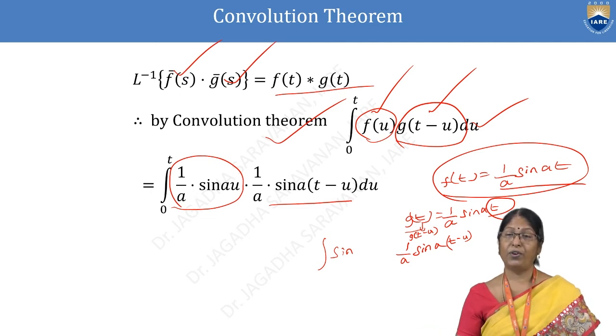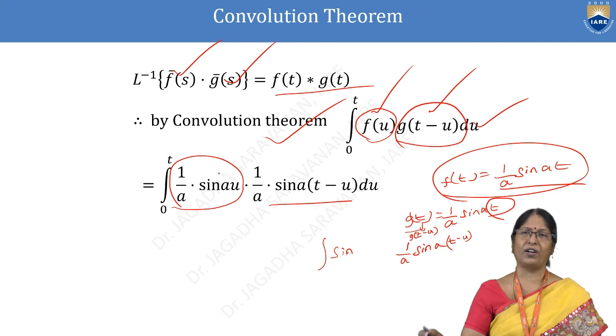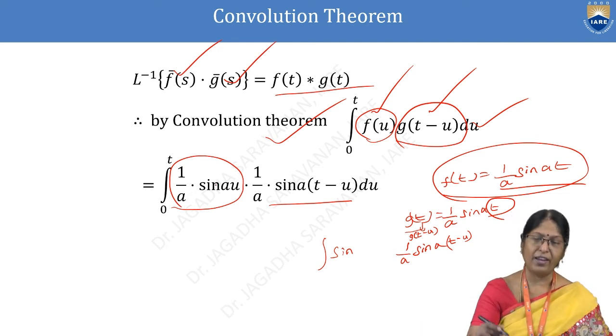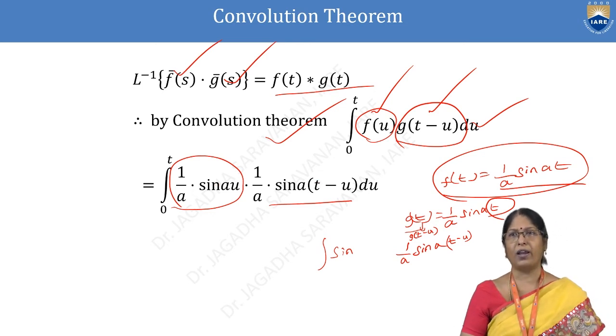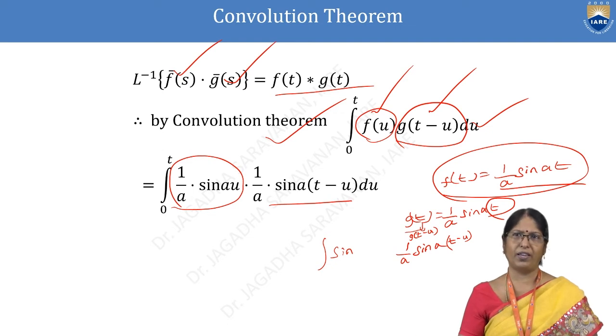But here we are facing a problem. What is the difficulty we are facing? Here only one trigonometric function is not there. Two trigonometric functions: sine au, and another one is sine a of t minus u. A single trigonometric function is very, very easy, but two are there.